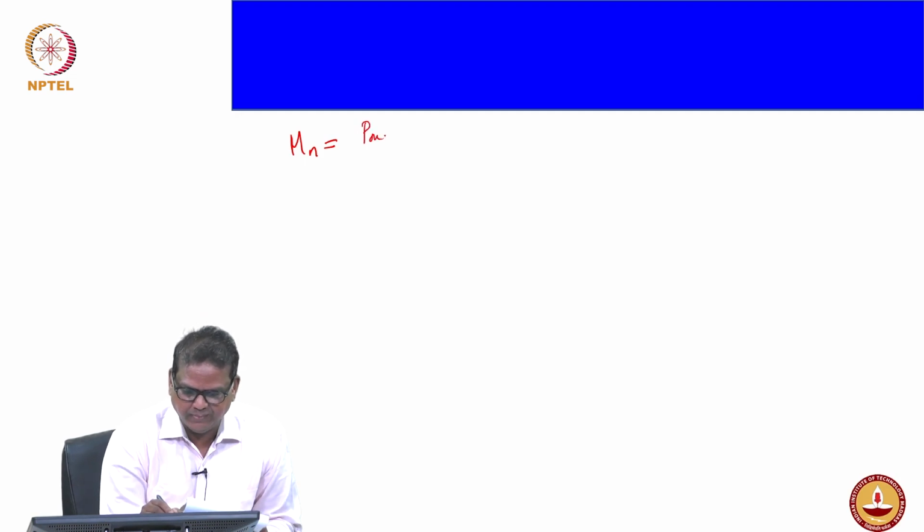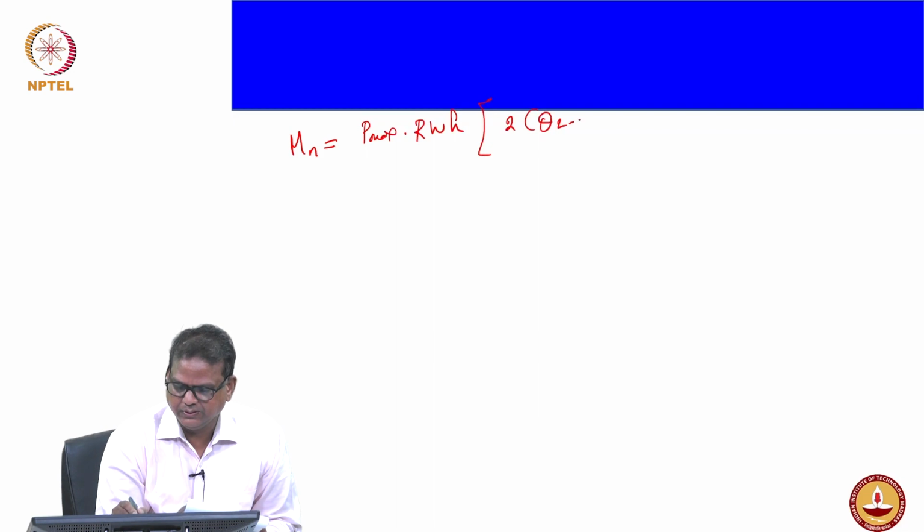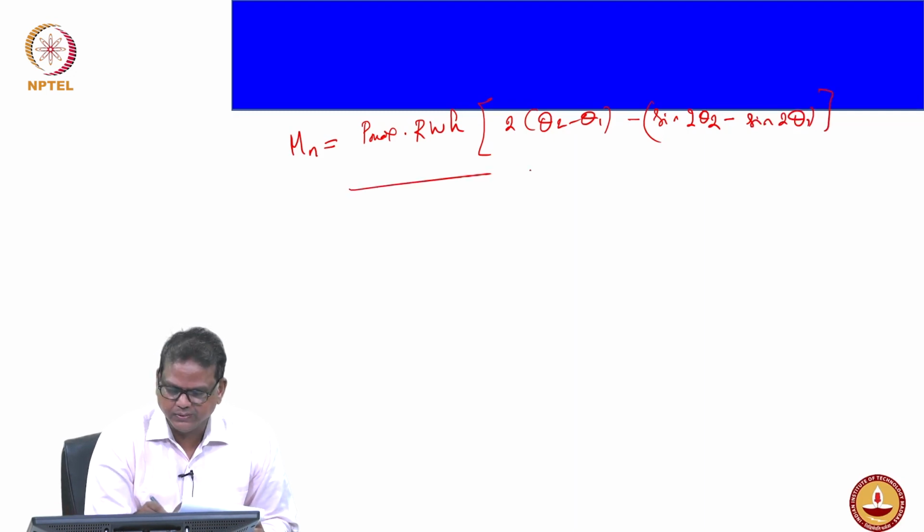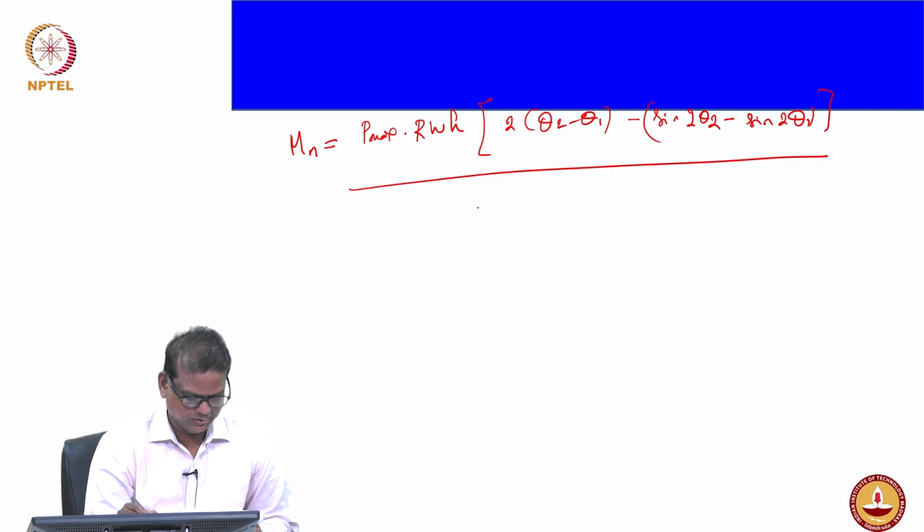Again, this would be P max or W H, okay, 2 theta 2 minus theta 1 minus, within the bracket, sine 2 theta 2 minus sine 2 theta 1, close the bracket, divided by 4 sine theta max.